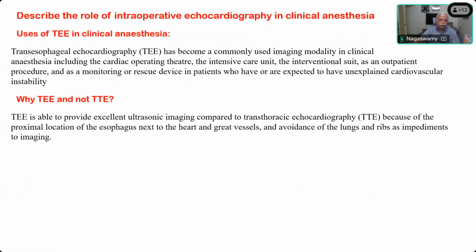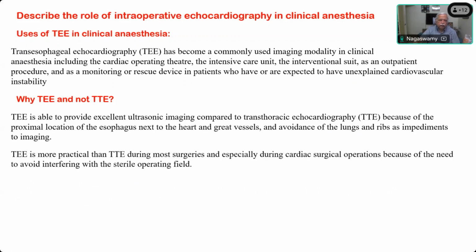And it is more practical than transthoracic during most surgeries, especially cardiac surgeries where they open the chest, or even a video-assisted thoracoscopy procedure, where the chest will not be available for transthoracic echocardiography. So in such situations, transesophageal echocardiography is more logical.